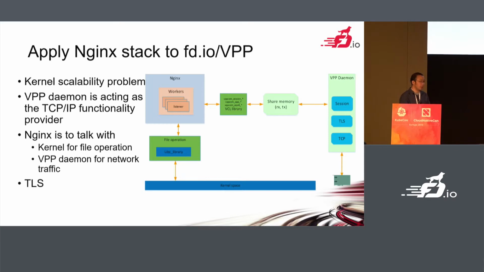And also, Nginx needs to talk with the kernel space for the file operations. So this is the architecture of how Nginx can use VPP to offload and to use the transportation based on the user space part.